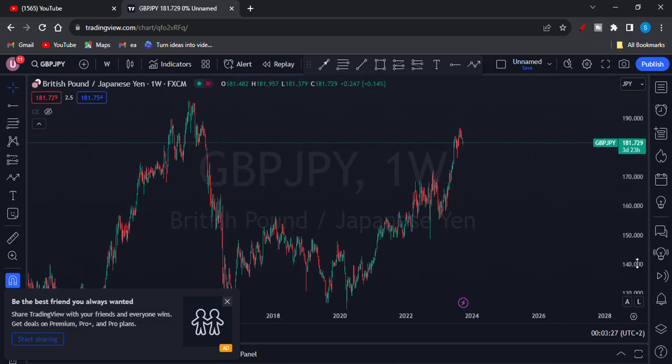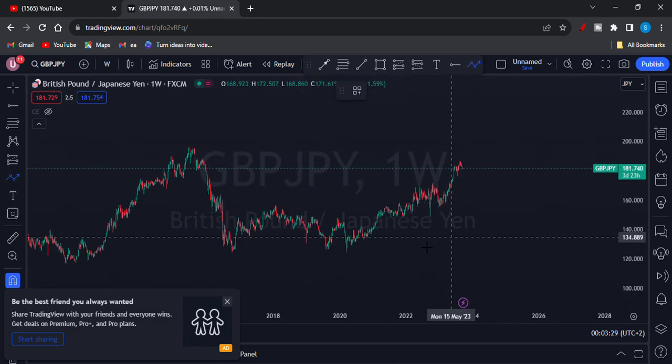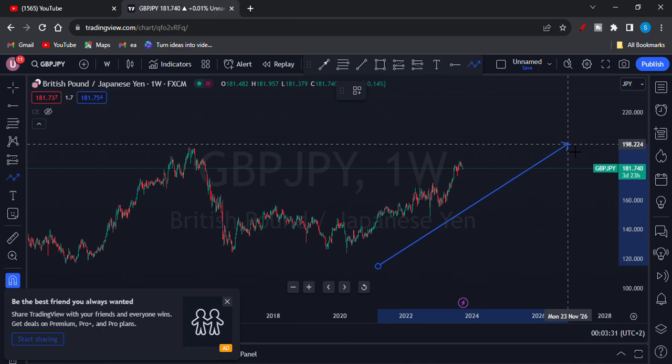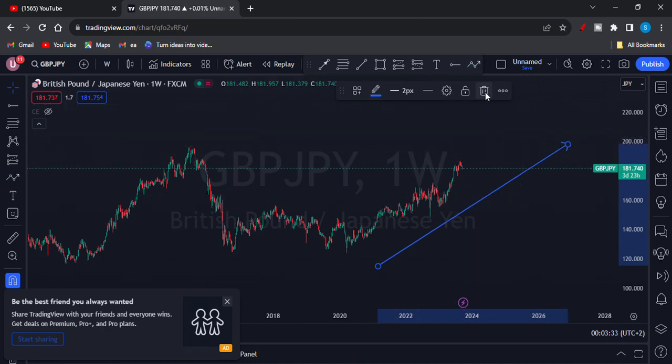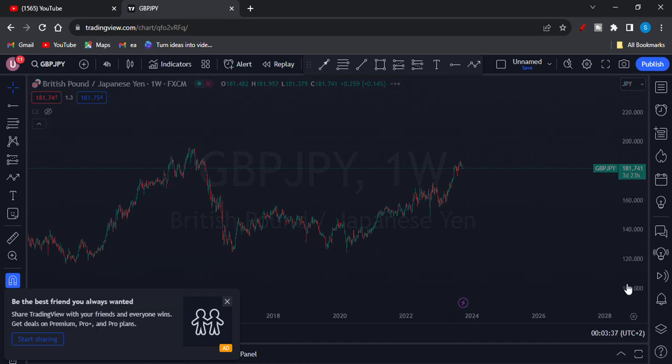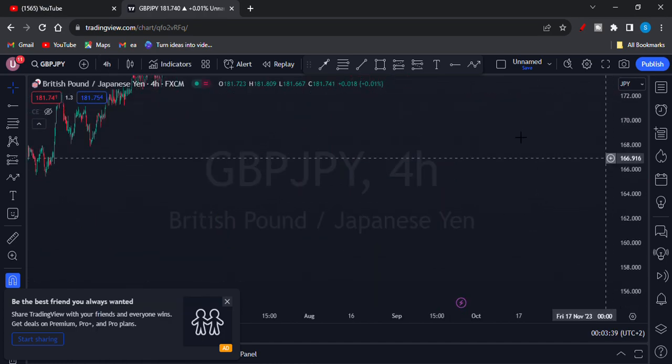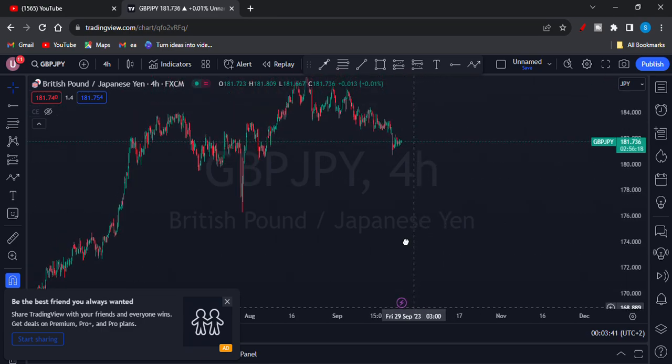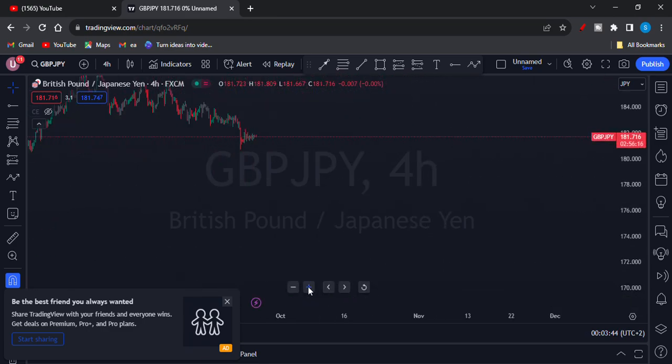so our overall trend for the weekly is we are on an uptrend. And then let's go to our 4-hour. And then on a 4-hour, we'll find our zones.